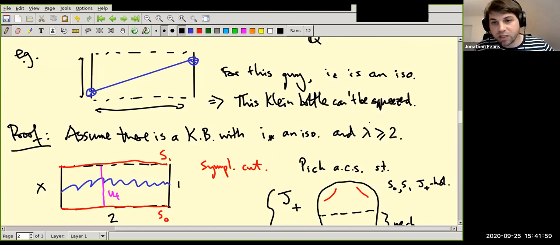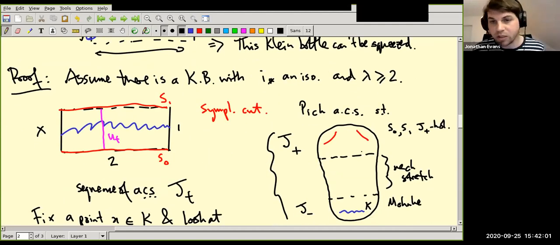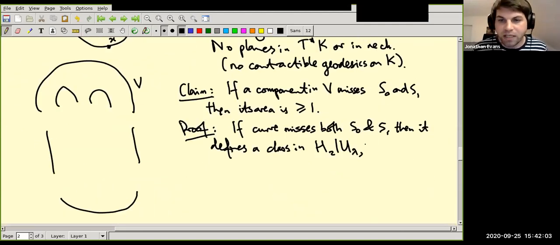If it misses both spheres, you can cut them out and you don't lose anything, but it's a relative homology class relative to the Lagrangian because it has boundary on the Lagrangian, as in it's asymptotic to a geodesic on the Lagrangian.